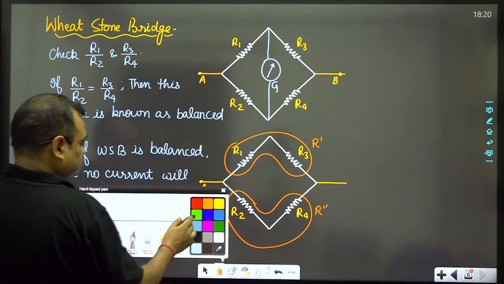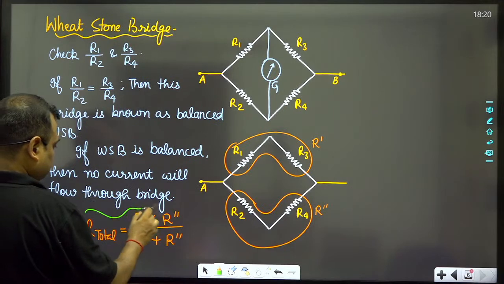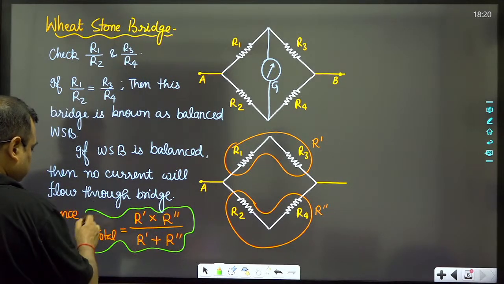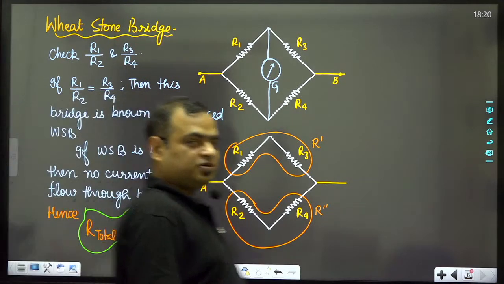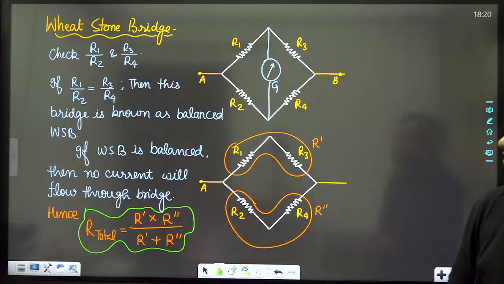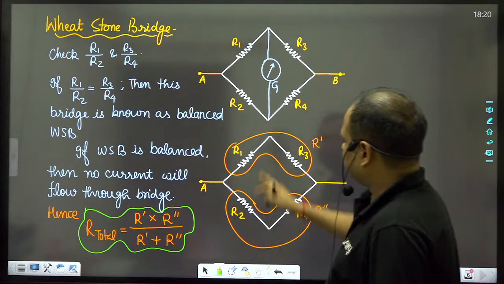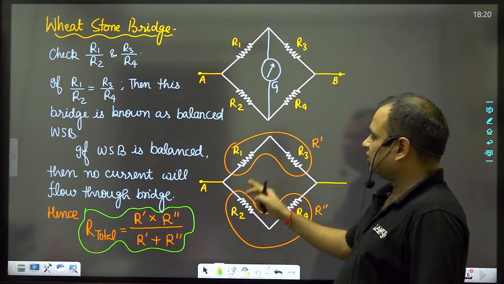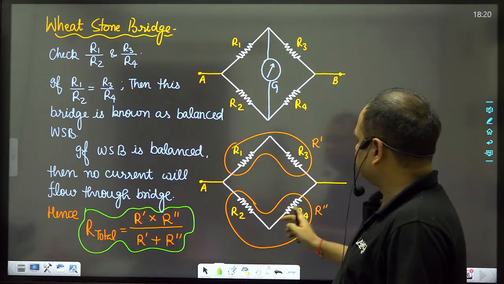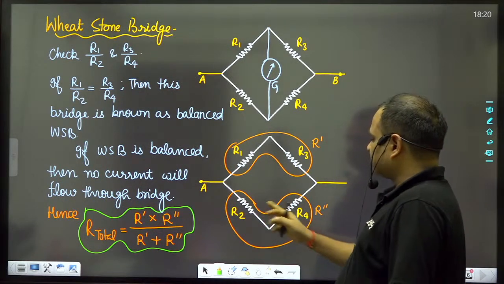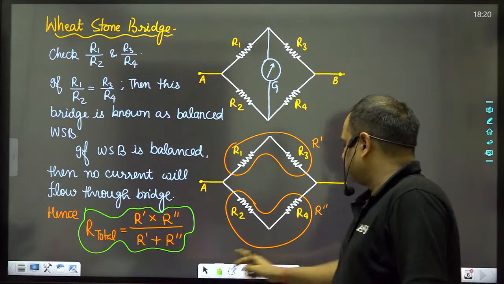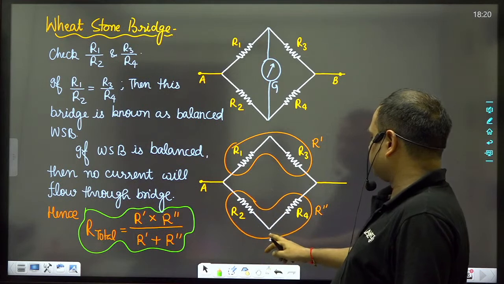So this will be the value of this. R dash and R double dash are in parallel. R dash will be equal to R1 plus R3 and R double dash will be equal to R2 plus R4.